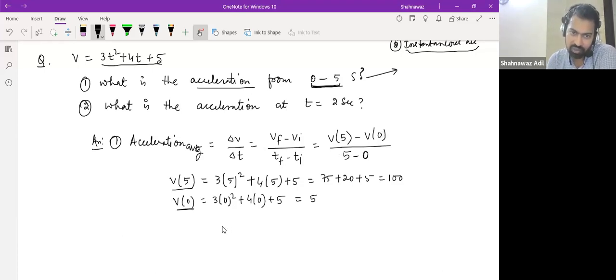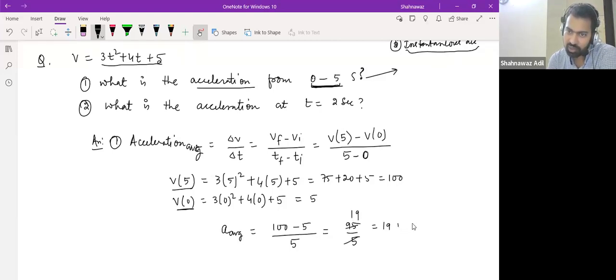So average acceleration would be how much? Let us write that a average. This would be 100 minus 5 by 5, so this will be 95 by 5, which is 19.